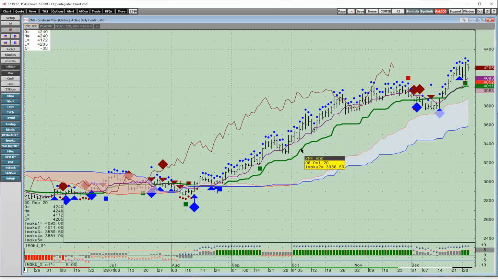The second one, and one of the more important indicators on the Ichimoku system, Kijun-sen, is again the highest high, the lowest low, divided by 2, which makes it the midpoint for the last 26 bars. Because it's a longer indicator, it shows you the midpoint of basically the last month.